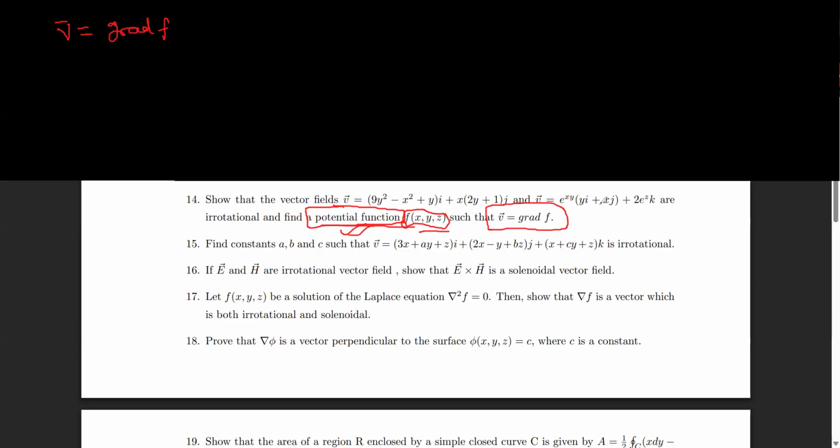Try for this. Tell me what is the scalar potential of this. Grad f is what?